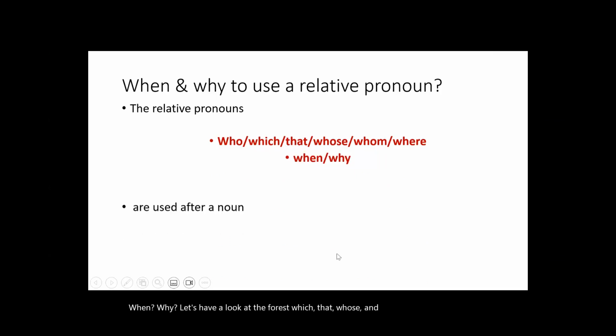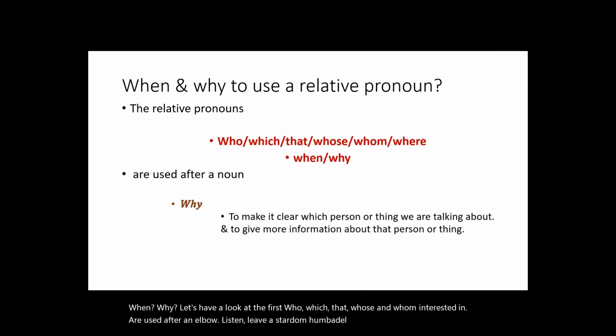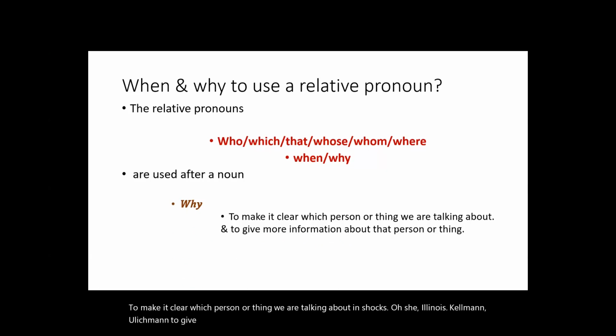When do I use them and how? They are used after a noun, to make it clear which person or thing we are talking about, and also to give more information about that person or thing.